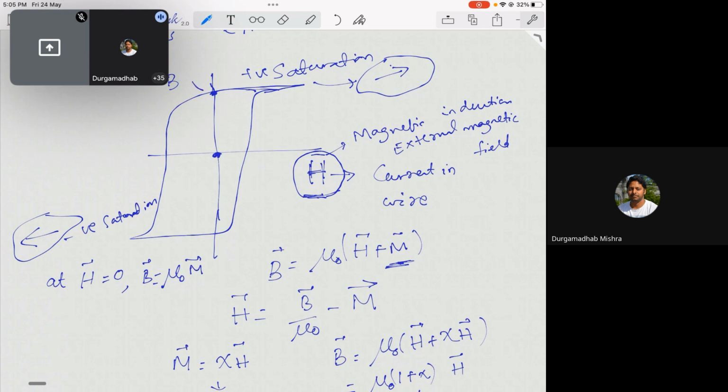I also have something called remanence. That means without any external field, I still have some residual magnetic field that is purely due to the magnetization of the material. That is your remanence. And also, there is the reversal process. How the reversal occurs is that I have to rotate these dipoles or magnetic moments and make them opposite. In this process, I have a situation where the magnetization is 0.